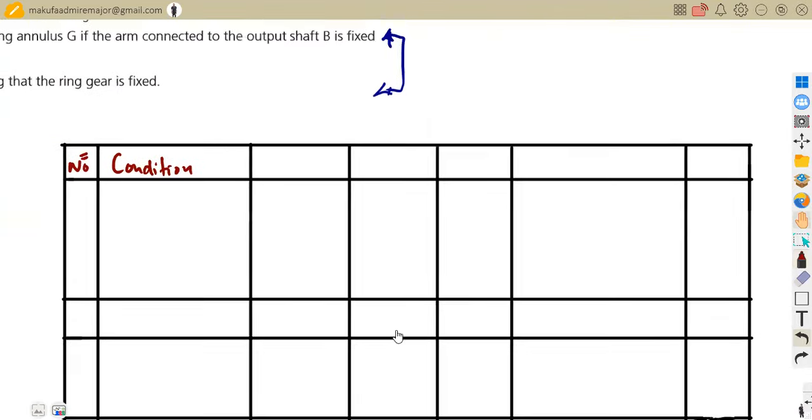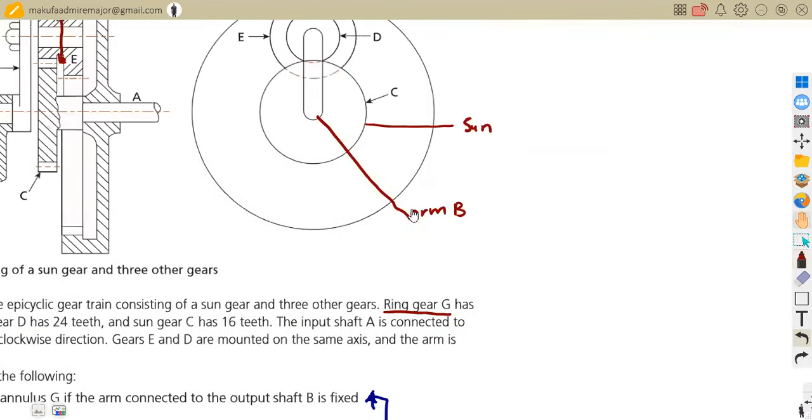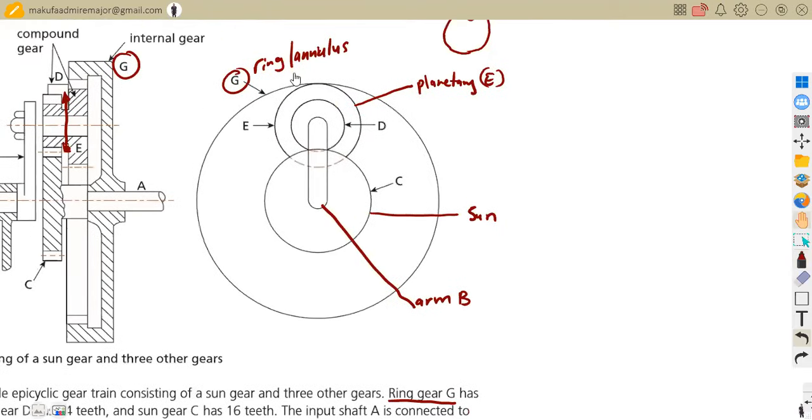In this case, we are supposed to work with the annulus, which is the ring here, which is G, going to the planetary, which is E. But as you can see, E is having D. So there is 1, 2, 3, and also the sun gear, and the arm is also involved. So you're going to have 1, 2, 3, 4, 5.